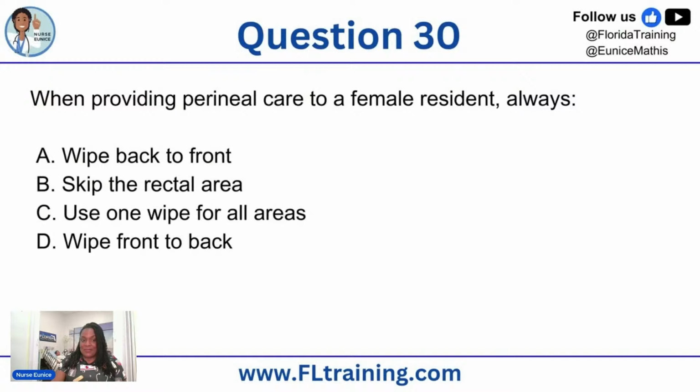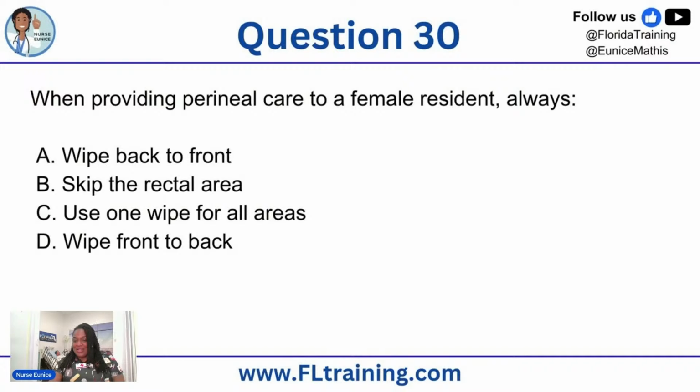Question 30. When providing perineal care to a female resident, always A, wipe back to front, B, skip the rectal area, C, use one wipe for all areas, or D, wipe front to back. I know you've been watching enough of my videos to know it's the correct way to clean somebody.